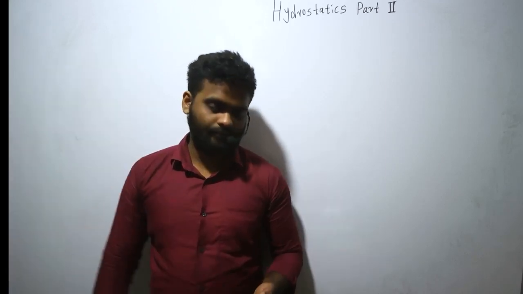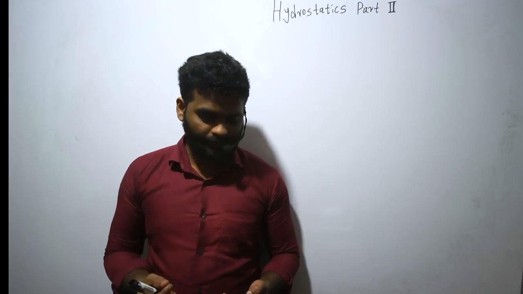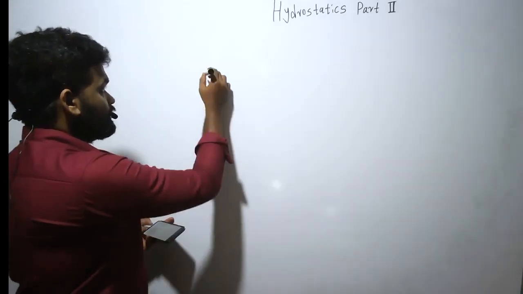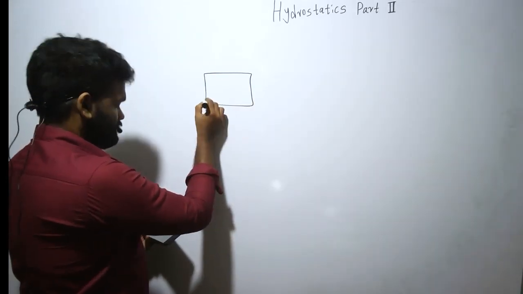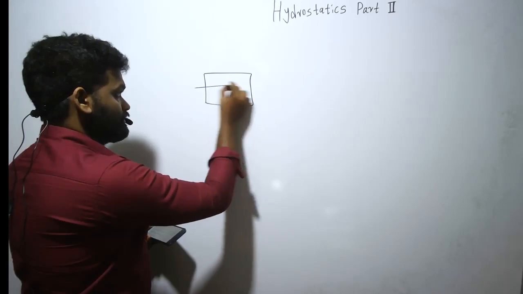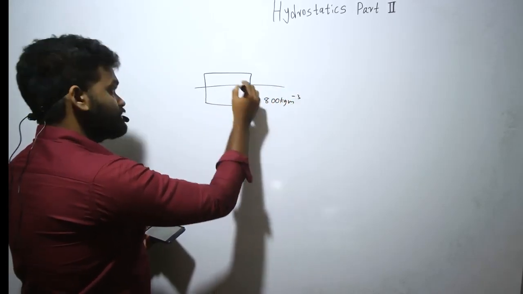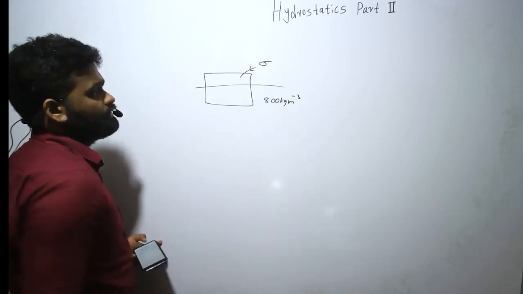Right? Fourth question. The fraction of immersed volume of a plastic piece is 5/6. The density of the liquid is 800, and the density of the plastic is, let's say, sigma.